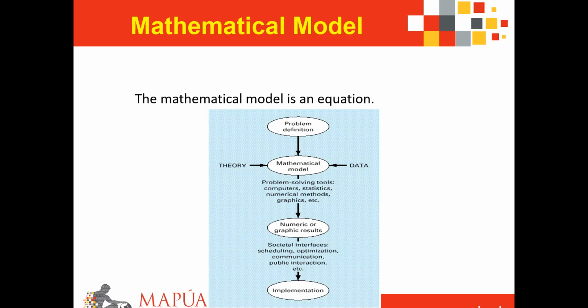So a mathematical model basically is a problem-solving tool that is usually used for computer statistics and different types of applications, which eventually yield numbered results or graphic results. And these particular results eventually have societal interfaces, which include scheduling, optimization, communication, public interaction, and finally, the implementation of your particular solution.